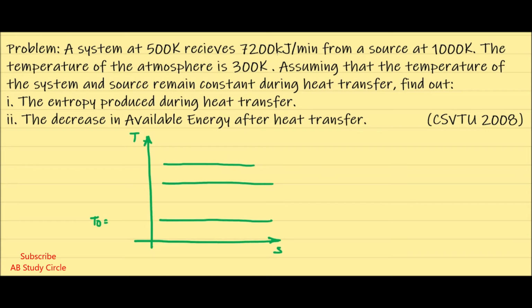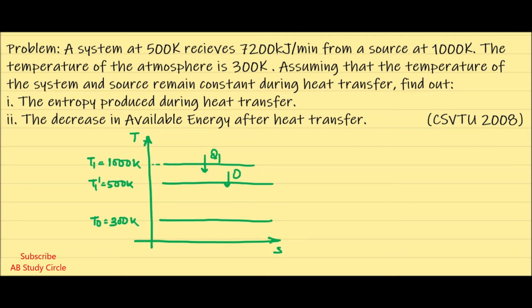The system is operating between T1 dash, that is 500 Kelvin, and T0, the atmosphere, which is at 300 Kelvin. The source temperature, from which the system is receiving that 7200 kilojoule per minute of heat, is T1, that is 1000 Kelvin, and it is giving Q1 amount of heat.